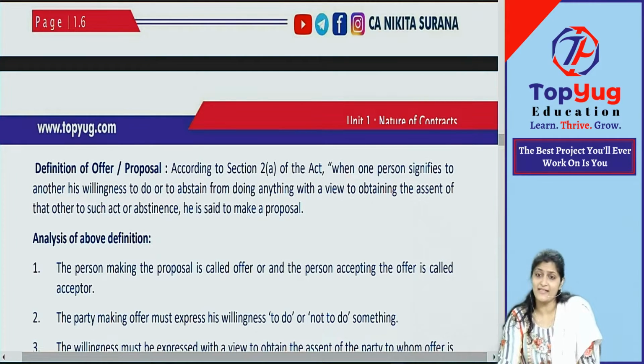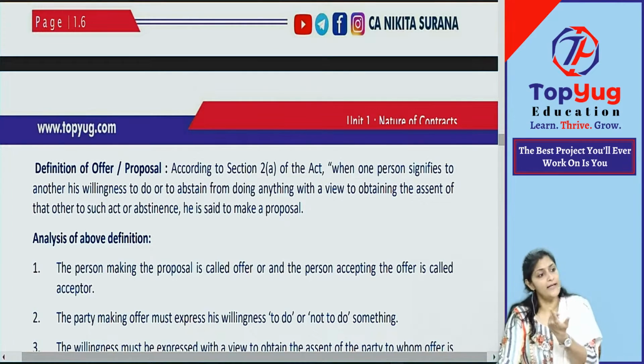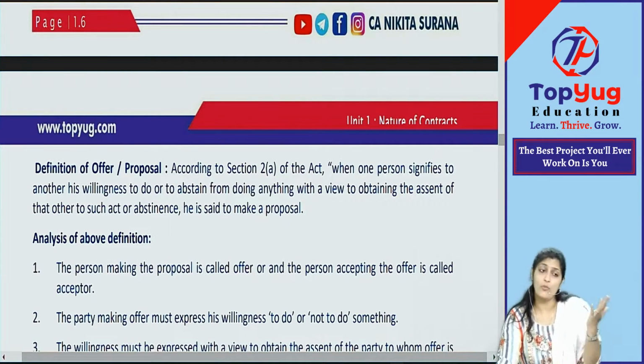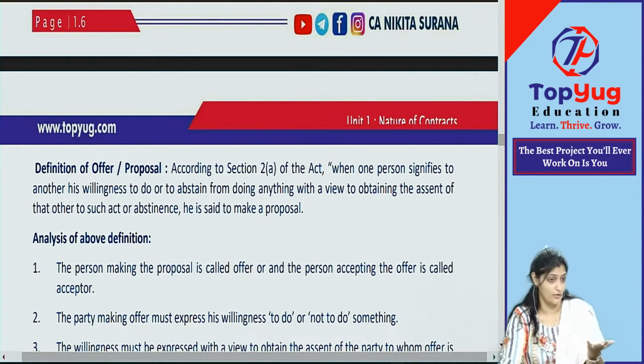What are express contracts? Express using words, either oral or written. What are implied contracts? Implied by actions or conduct or behavior of a party. What are tacit contracts? They are also implied contracts only, implied by conduct, actions and behavior of the parties. Yes or no? What are quasi contracts? Quasi contracts are actually not contracts, but they are just like contracts. They are similar to contracts.